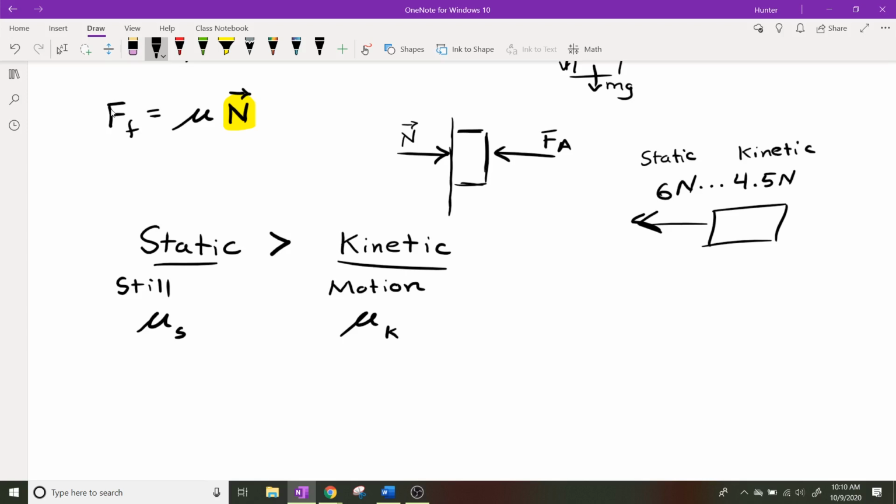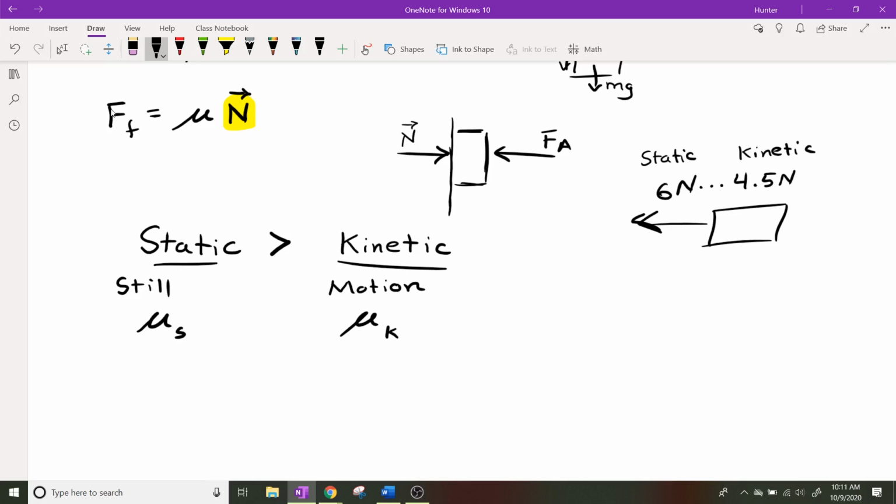Let's try, I mean, we can try a couple of these things. The bad thing about this is that there's not really friction problems in and of themselves. The friction problems weave their way into the problems that we've already done. So like incline problems can have friction associated to them. Pushing something across a floor can have friction to it.